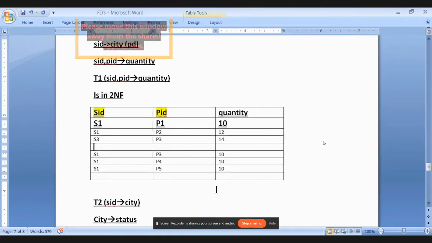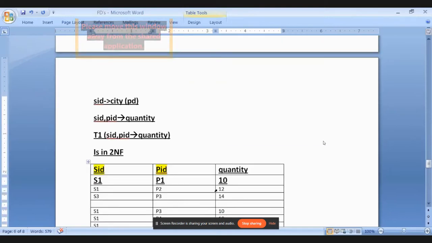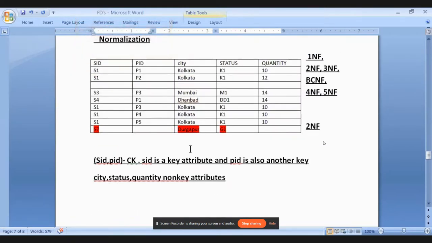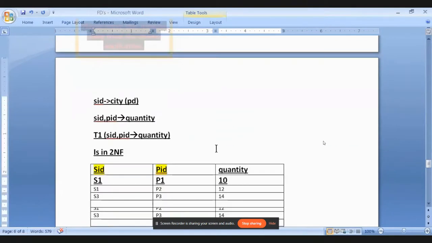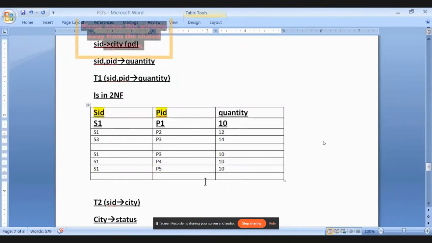Now, some of the anomalies that I had seen in the earlier table have been removed when I converted the table to 2NF. But is any redundant information present in this T1 table?